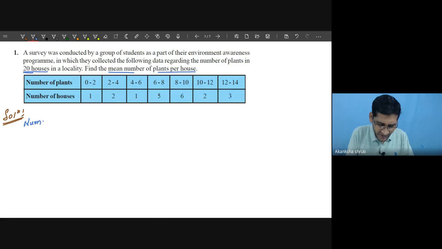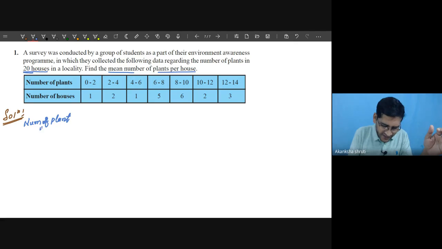So number of plants. Students, it is given that these plants are observed in each house. Means the houses having plants from 0 to 2 are taken as one interval.